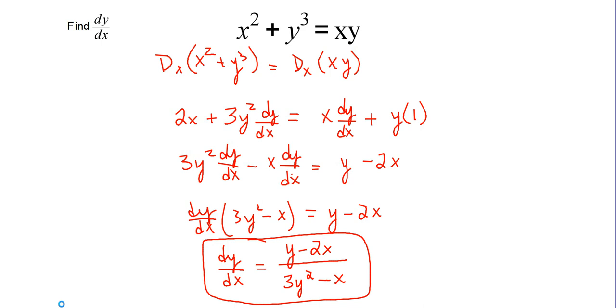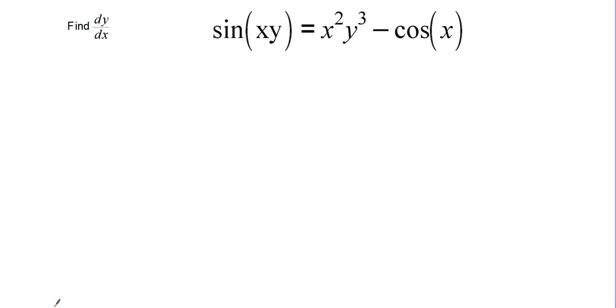We'll use the same method for this one, except that the derivatives get a little bit more complicated. So remember, we're going to take the derivative with respect to x of both sides. The derivative with respect to x of sine of xy really looks like the sine of u, with u equal to xy.